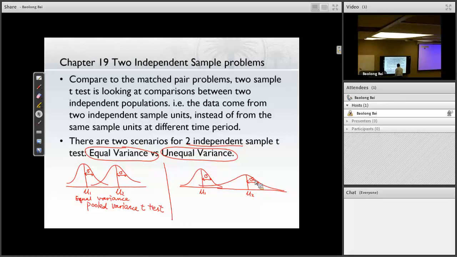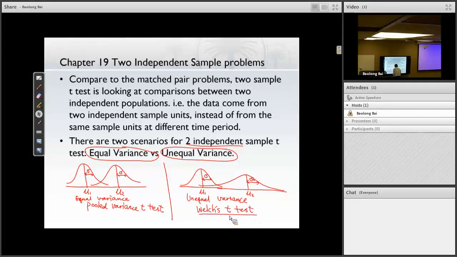So this is unequal population variances. And for a problem like this, we need to use a process called Welch's t-test. Okay, so that's the two different two sample t-tests we have, either pooled variance t-test and Welch's t-test.